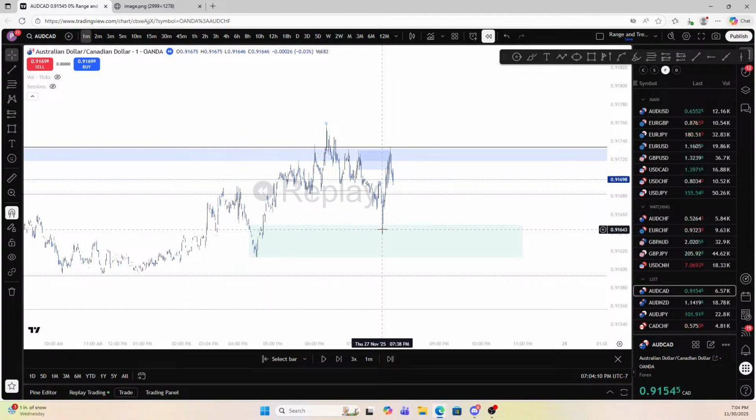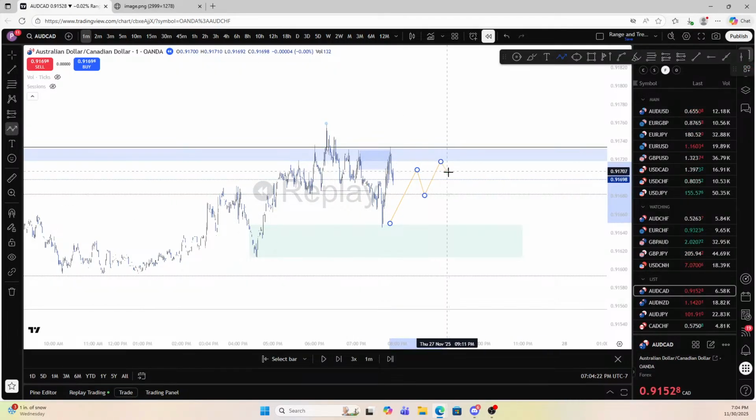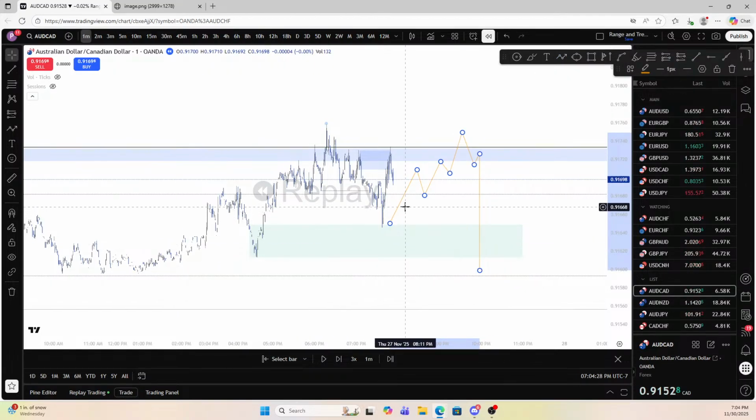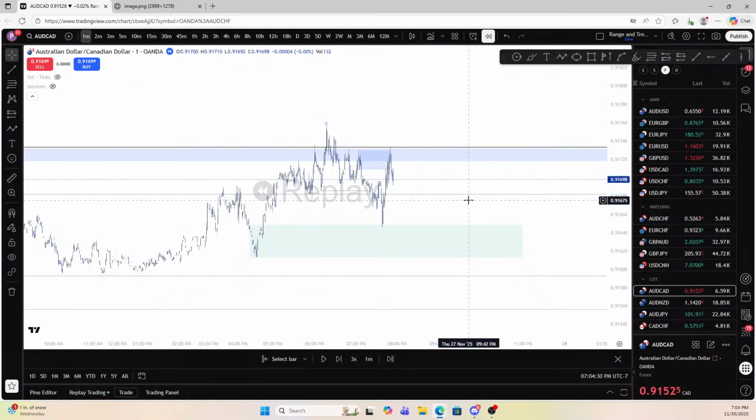Like this demand needed to get mitigated, and then you can make your moves up, and then find the similar plan. It's just this had to get tapped. So what happened? It did exactly that.